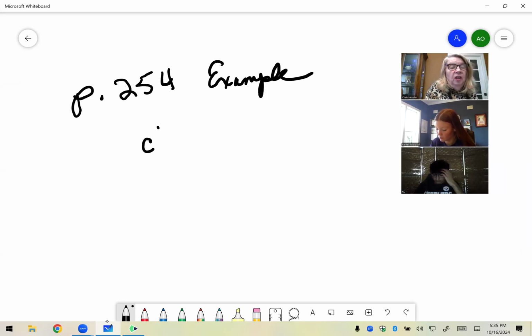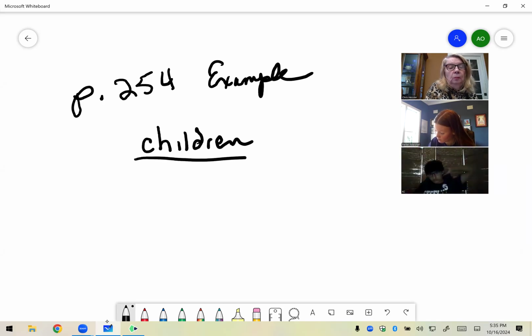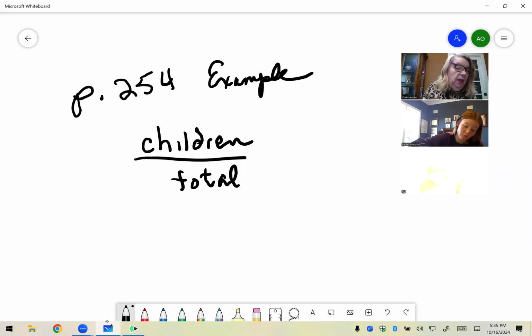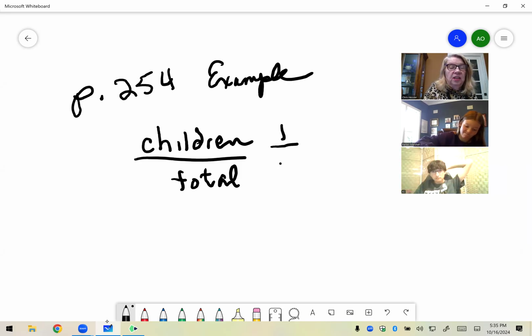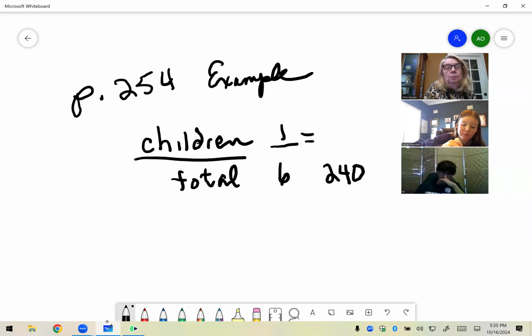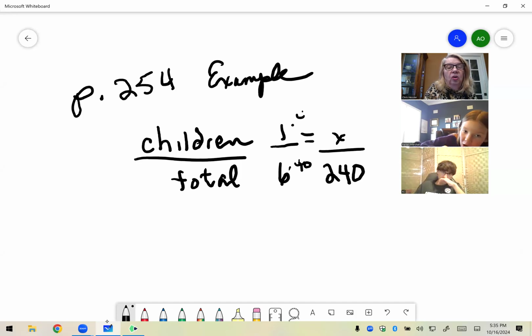So we need to find children to the total, which will be 1 out of every 6. And our total together is 240. And I can either cross multiply or see I'm multiplying by 40. 1 times 40. And so the answer would be A, 40.